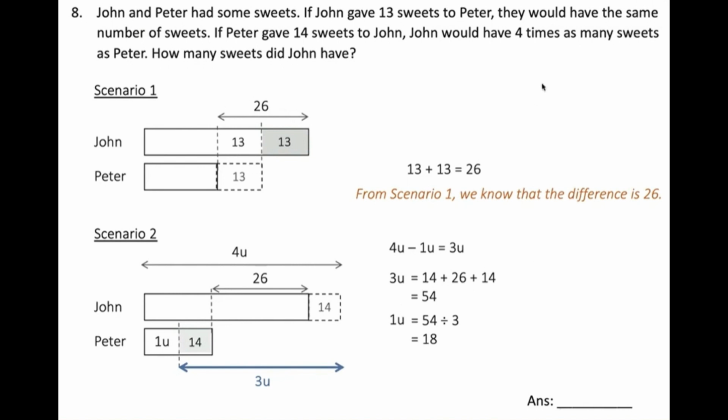So 1 unit is 18. How many sweets did John have? It's 4 units minus 14, or 1 unit plus 14 plus 26. Whichever you prefer. Okay, 1 unit plus 14 plus 26 is what John had at first. 18 plus 14 plus 26, or 4 units minus 14. You will get 48.